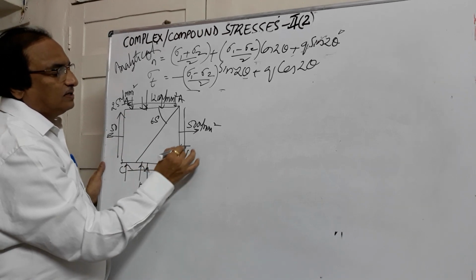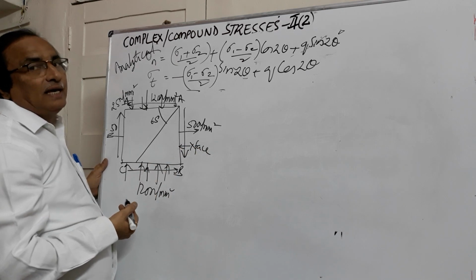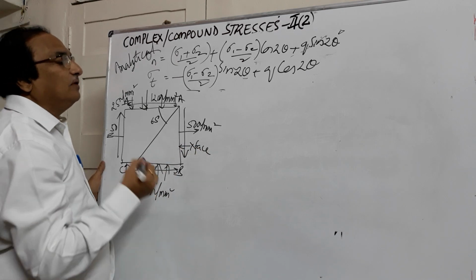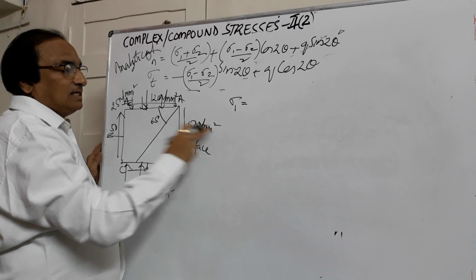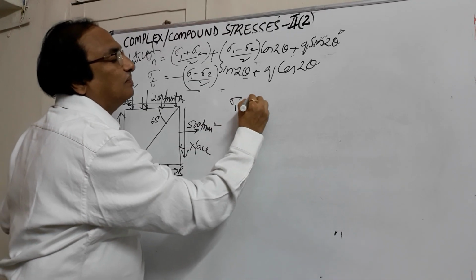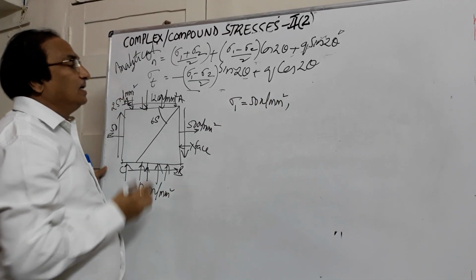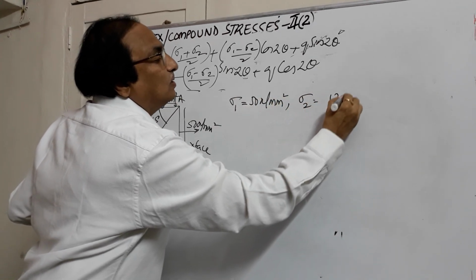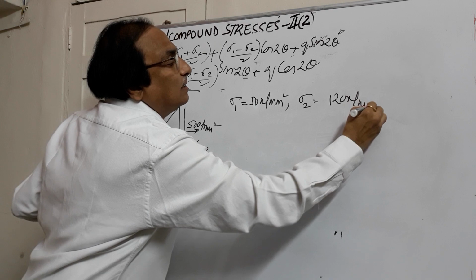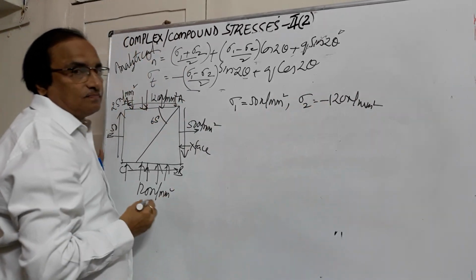Our important face is this x face. Whatever we do, we will be doing with regards to the x face. Now here we will note down the data. Sigma 1 is in x direction. This is 50 Newton per mm square. It is tensile, so it will be positive. Sigma 2, the value is 120 Newton per mm square, but it is compressive in nature, so it should be minus.